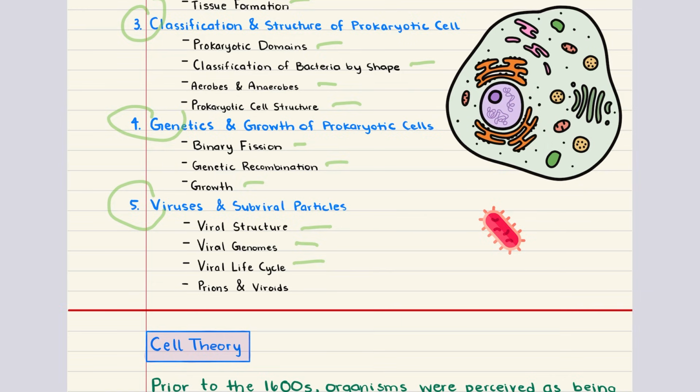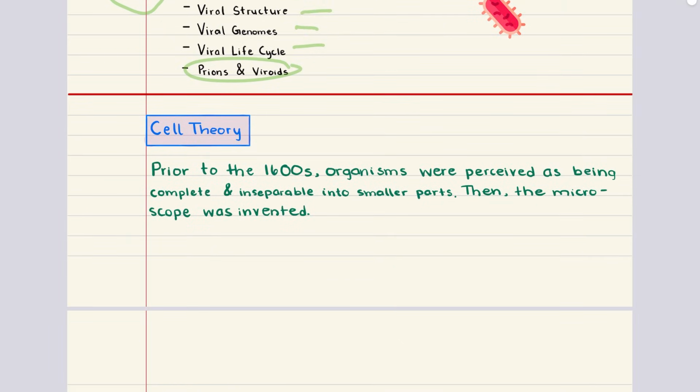We'll also introduce prions and viroids, which are even smaller infectious agents that disrupt biological systems in unique ways. So with that introduction in mind, let's begin by discussing the core principles of cell theory.